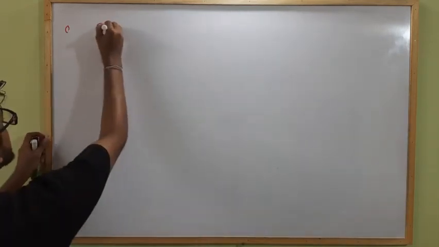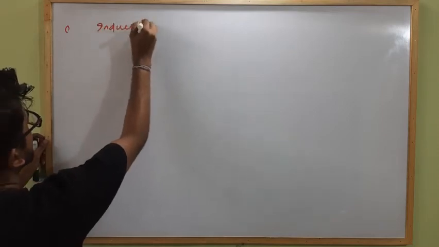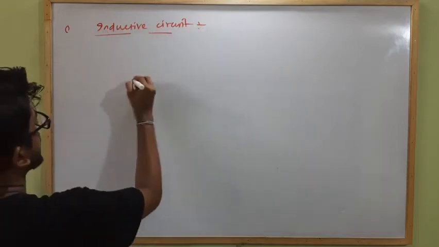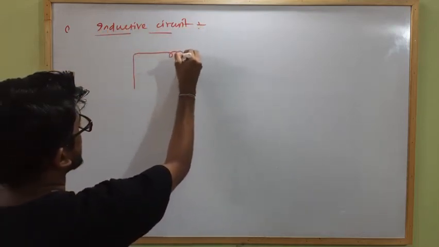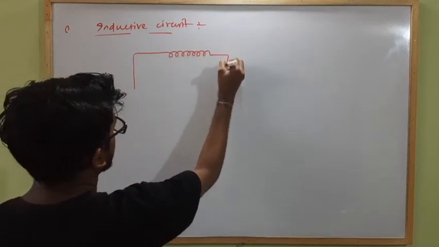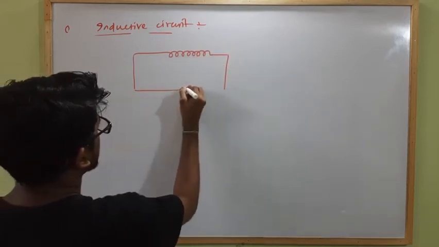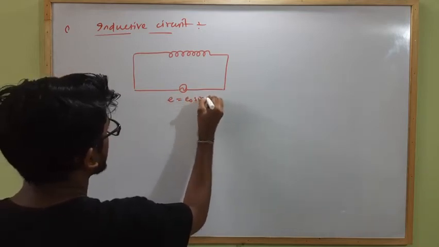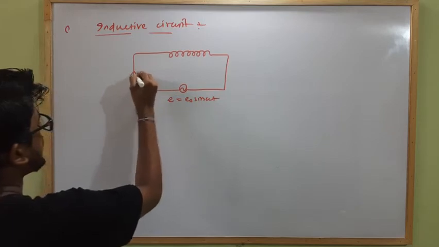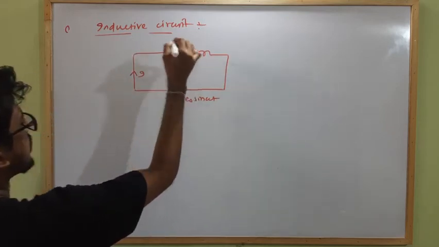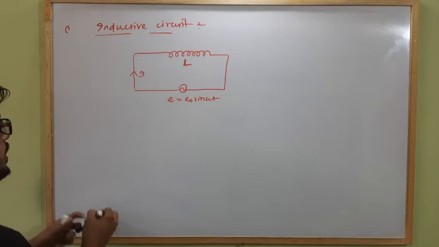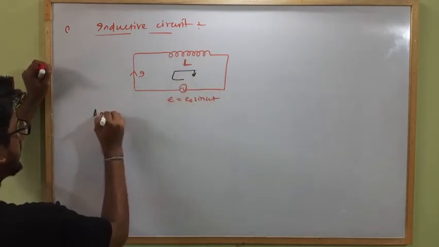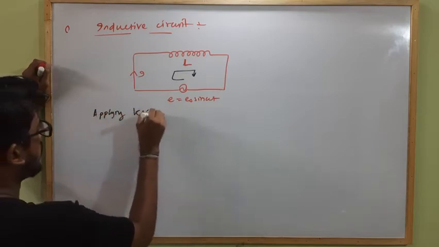Inductive circuit. That means here is a circuit which has an inductor or a coil only. It is attached to an alternating source, E equal to E naught sin omega t. At any instant, I is the current and L is the inductance of the inductor. Then applying KVL in this circuit, we will get what?